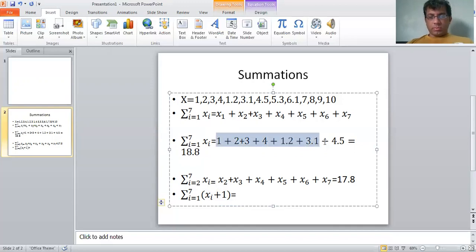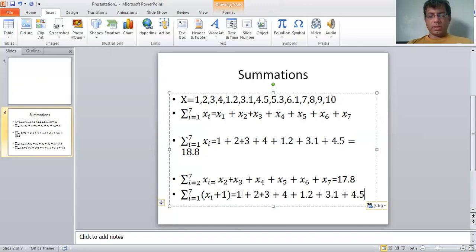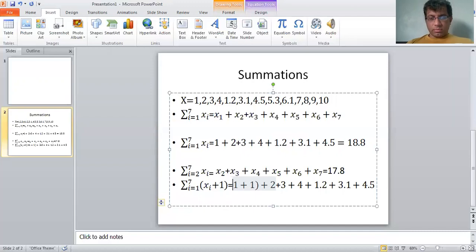So previously we have done this xi's summation. In this case, the summation would change to something like this, like x1, the first value of i is 1, so x1 is 1, but I have to add 1 to it. In this way, I would be adding 1 to every value of x that we have got in this summation, and be careful about the parentheses.